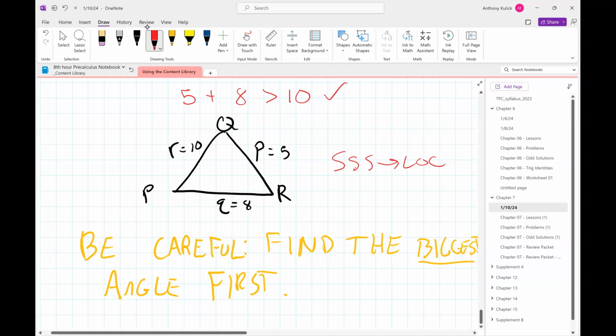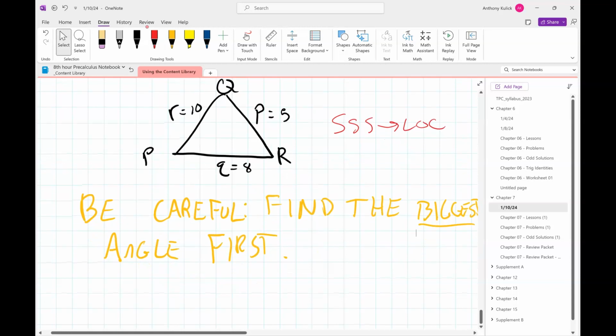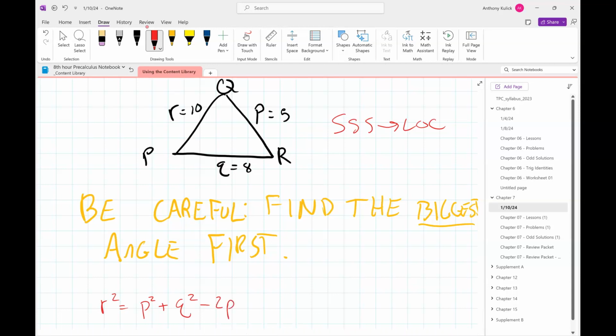Which angle is the biggest angle, P, Q, or R? R. So I would write little r squared equals P squared plus Q squared minus 2PQ cosine of angle R.